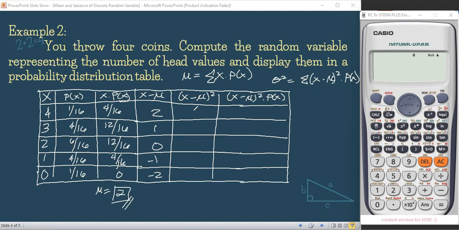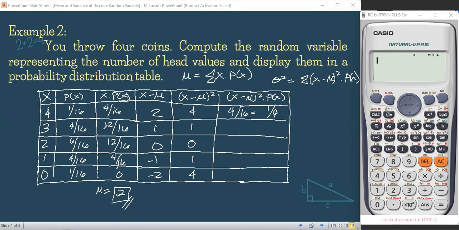Now, if we square it, we have 2 raised to 2, this is 4. 1 raised to 2, this is 1. 0 raised to 2, this is 0. Negative 1 raised to 2, this is 1. And negative 2 raised to 2, this is 4. Now, multiplying it to our p of x, ito po yung p of x natin. 4 times 1 over 16, that is 4 over 16, which is also equal to 1/4.